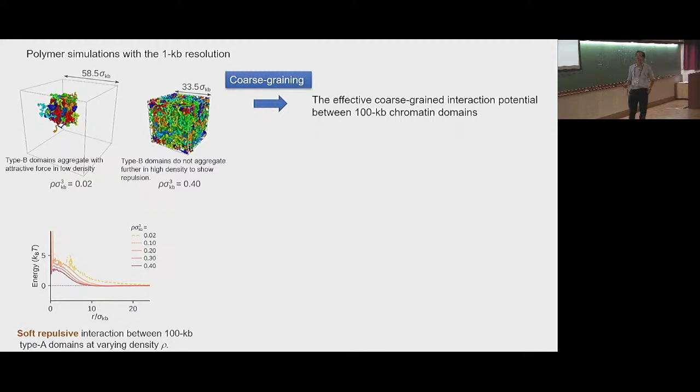Type A domain shows a mild Gaussian-like repulsive potential for different chromatin densities. This is because type A domains extend, having open structures, so that they can overlap. So this is the reason for the mild Gaussian-like repulsion, like a usual polymer solution.